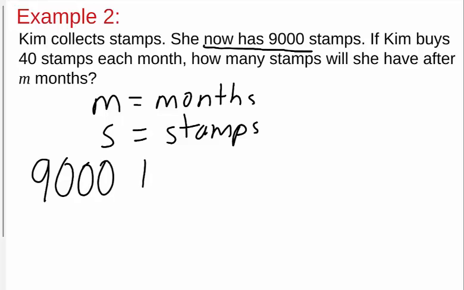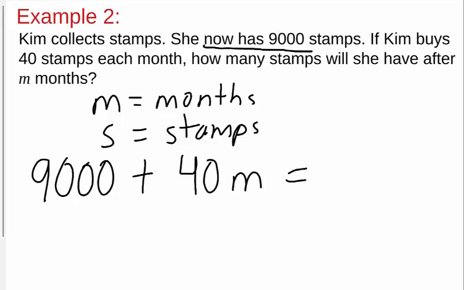And it increases 40 times M. 40 times the number of months. Every month she adds 40 times the number of months. So if it's 2 months, it's 80 more stamps. 3 months, 120.